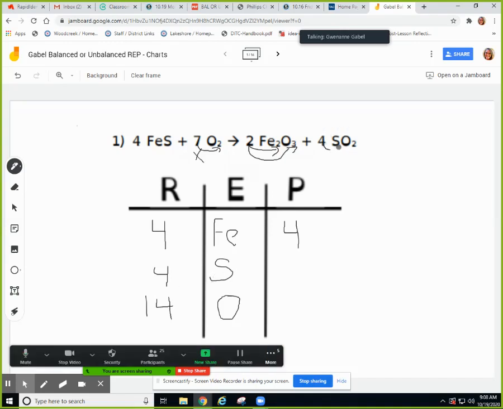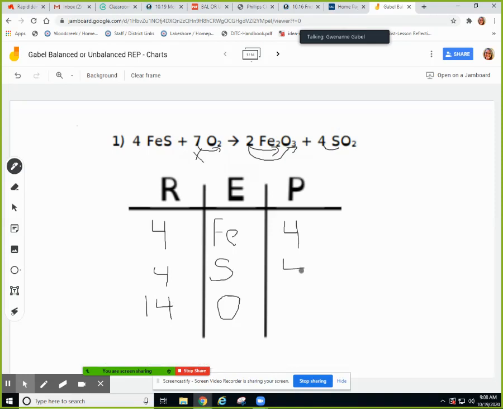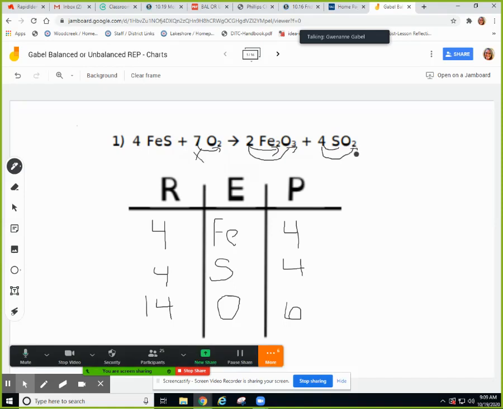Distribute my coefficient. I have 4 atoms of sulfur. Now, notice there's oxygen in 2 places, so this is what I like to do. I distribute my coefficient to oxygen, so 2 times 3 gives me 6. But I also have oxygen over here, so distribute your coefficient, 4 times 2 gives me 8.